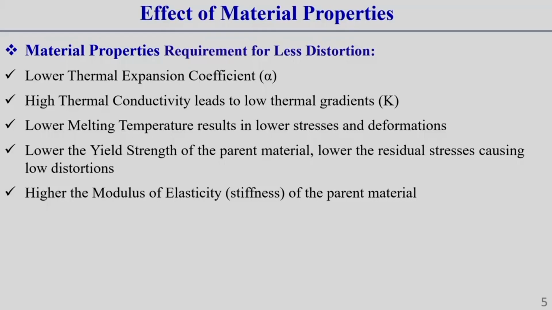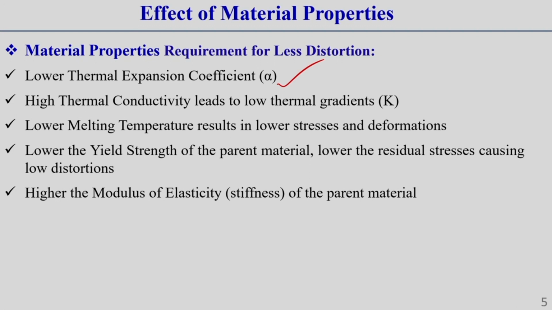Generally, one thing you should keep in mind: lower the thermal expansion coefficient, lower is the distortion of that structure. Because you know, higher the expansion, higher the contraction, higher will be the distortion, correct. So, we know the thermal expansion coefficient means the increment of length per unit temperature per unit length. Its unit is per degree centigrade.